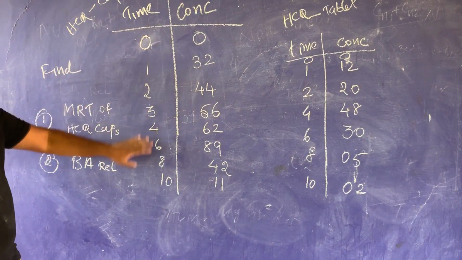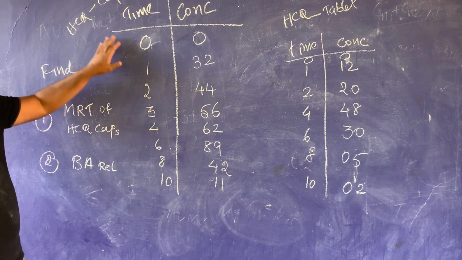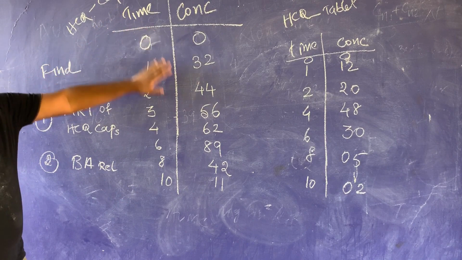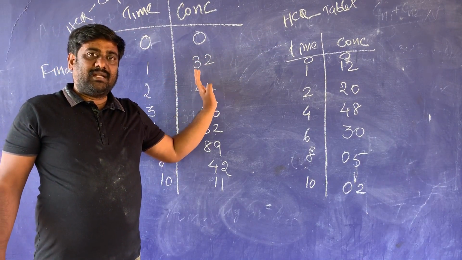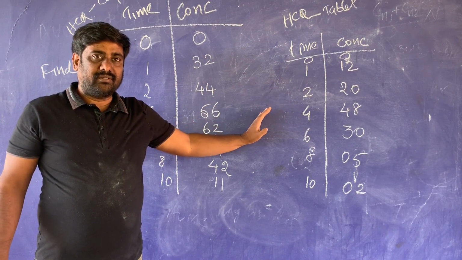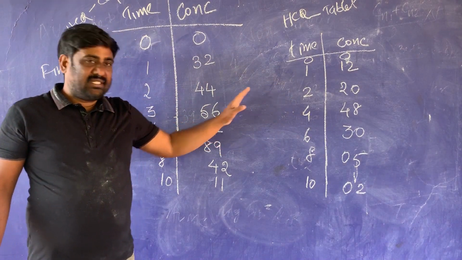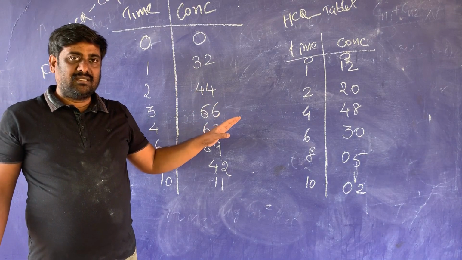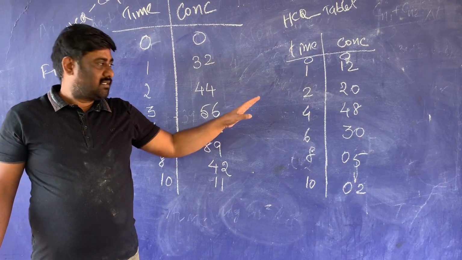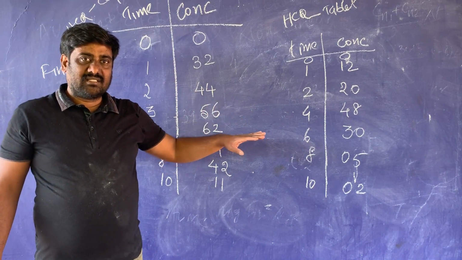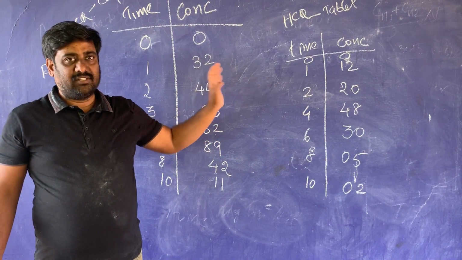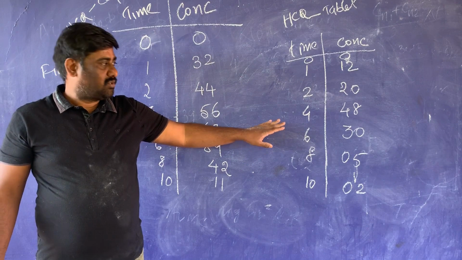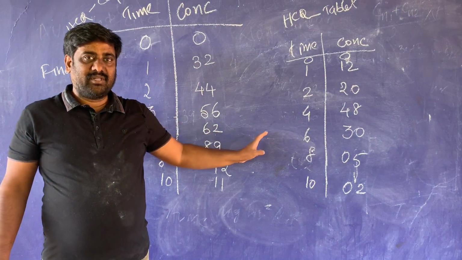One is the full set of parameters for the hydroxychloroquine capsule, and the other is the relative bioavailability between the tablet and capsule of hydroxychloroquine. Students, all these values are hypothetical. These numericals are hypothetical and do not carry any clinical significance. They are just given for understanding and experiment purposes.